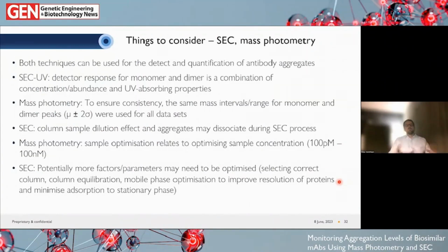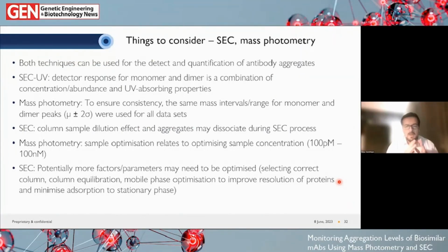So there are things to consider where both techniques are concerned. As we've seen, you can utilize both for detecting and quantifying antibody aggregates. Where SEC-UV is concerned, the detector response for monomer and dimer is a combination of concentration, abundance, and UV absorbing properties.